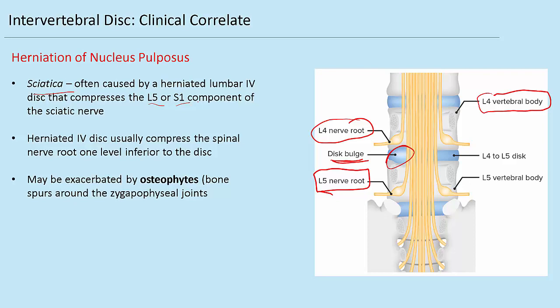So like I mentioned, herniation of the disc will usually affect the nerve root one level inferior to the disc, so not at that level itself, but the one below it. And do keep in mind, especially with osteoarthritis, when the bones start to get irritated, we can have bone spurs, those osteophytes, starting to form, and that can then exacerbate a compressed nerve.